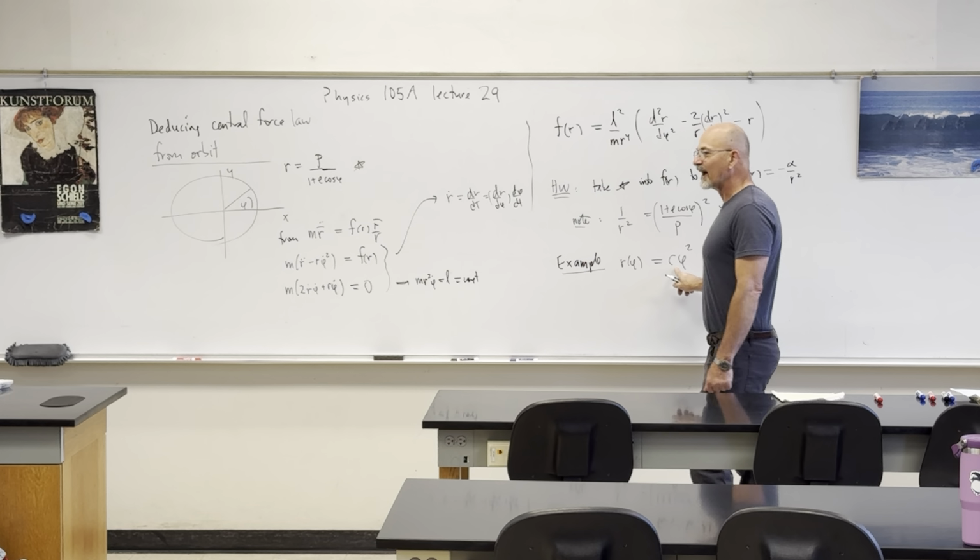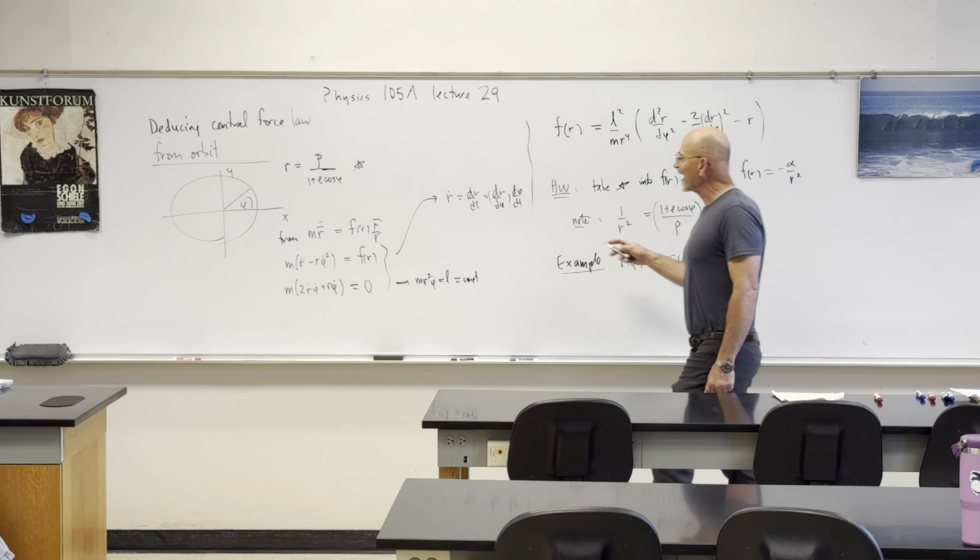It's growing quadratically with phi, but since that r is just the distance from the origin, the center of potential, it's some kind of spiral, right? So you've got something that's growing like that, right? And so that would be a legitimate object.